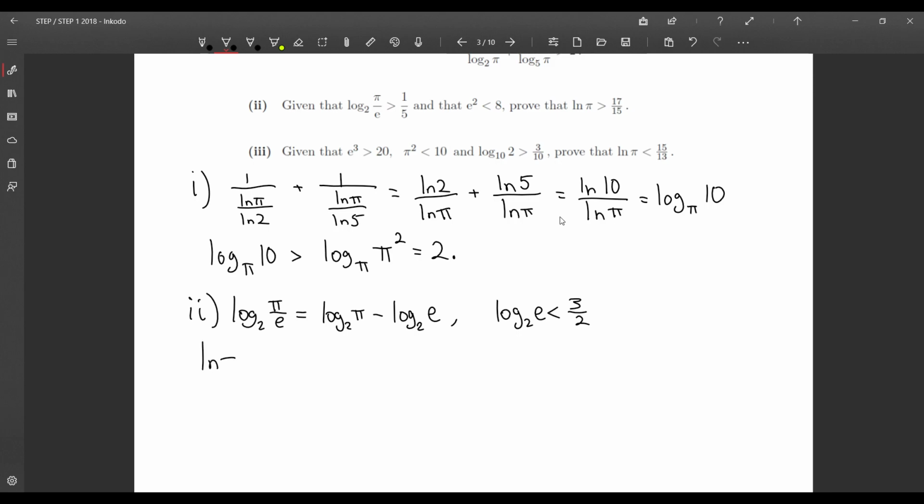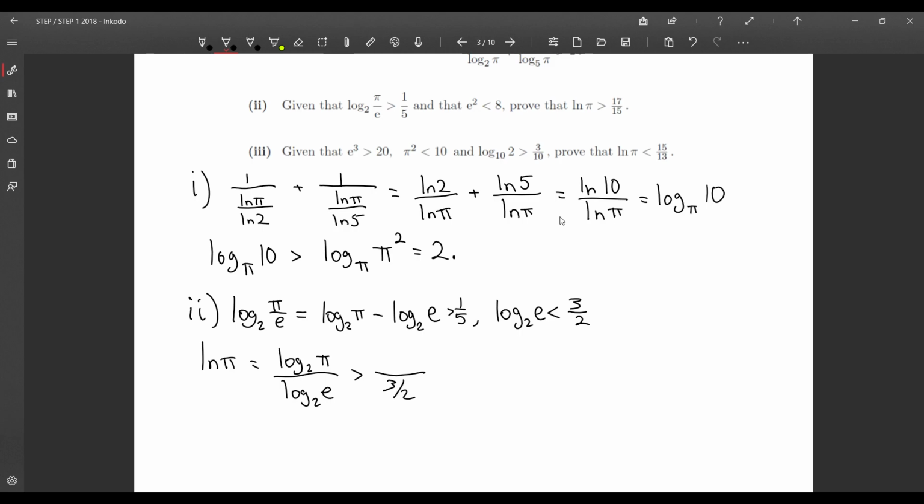Now ln pi, so this is greater than a fifth. ln pi is log base 2 of pi over log base 2 of e. And if we replace this by something bigger in the denominator, it's going to become smaller. So we can put 3/2 there.